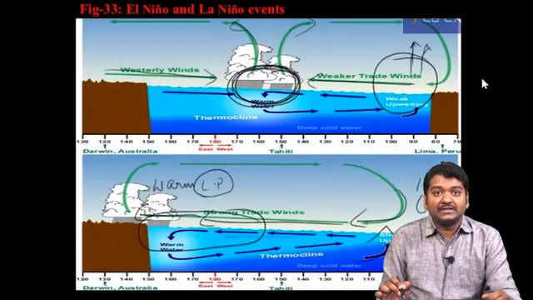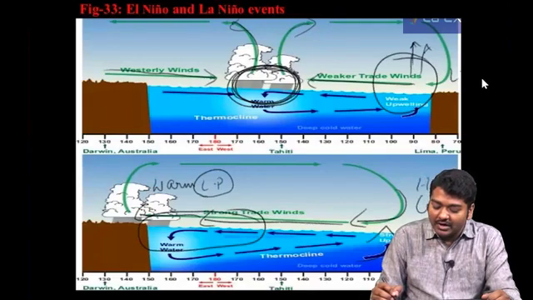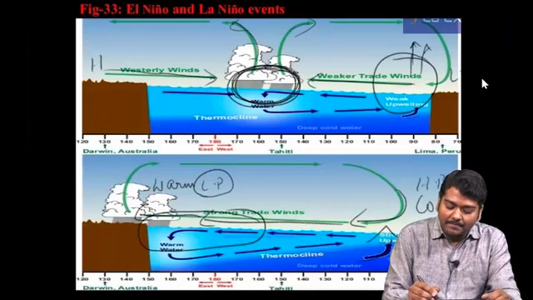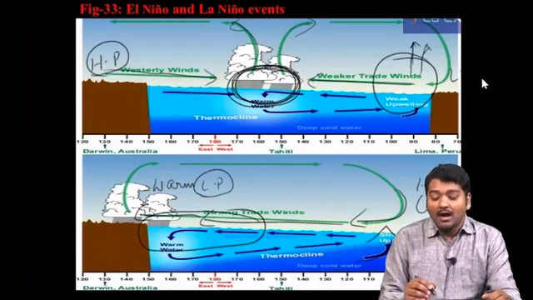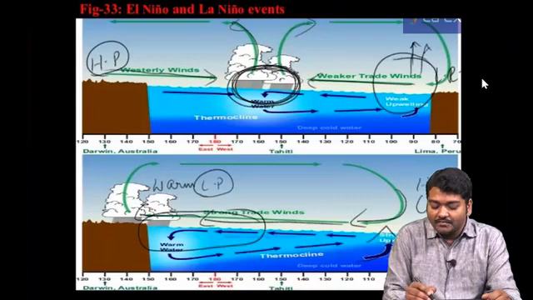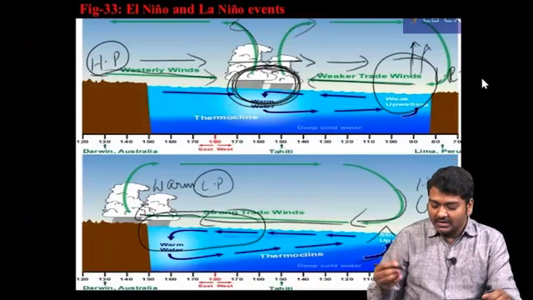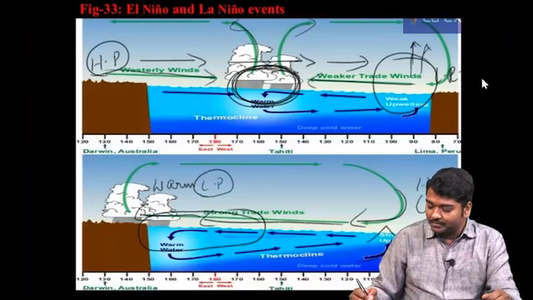So if it is present here, then usually what you see, low pressure will accumulate here and high pressure will be seen here. And whenever you have low pressure here and high pressure here, winds start blowing in this direction, correct? So let me just explain you the picture.